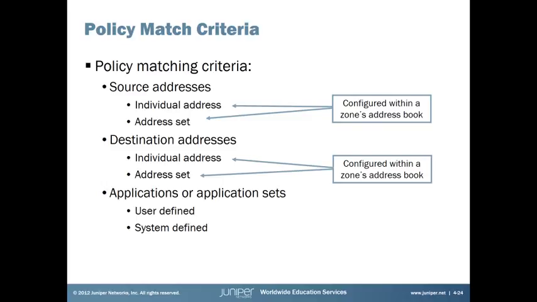The reason we do that is because if we ever change the address of our FTP server, we don't have to edit each and every policy that may refer to it. We simply edit our address book, and it's just in one place. So we get to control the addresses of things in our address book, and we can just reference the things themselves in the policy.